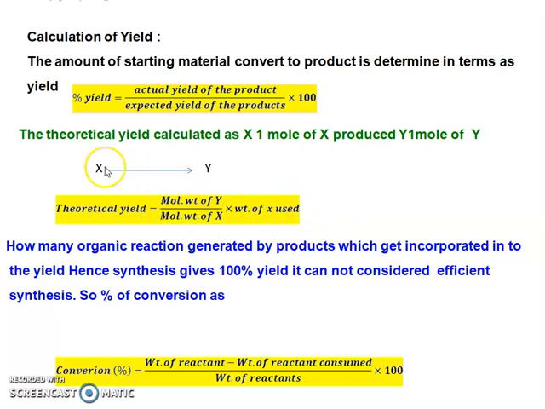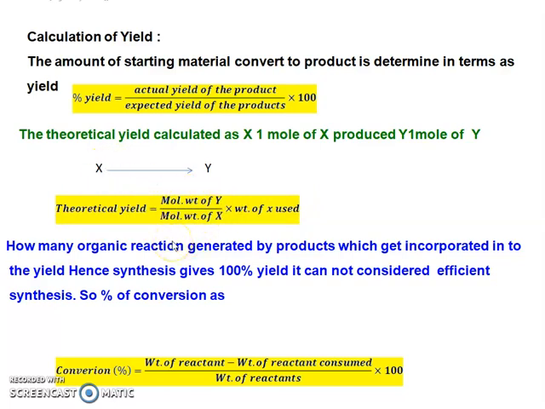For example, if X is a reactant and Y is a product, 2.1 gram of this X is given, 100 gram is the molecular weight of the reactant, and 50 gram of this product will be formed. We have taken the weight as 2.3 like this. So we can calculate the theoretical yield by using this formula.